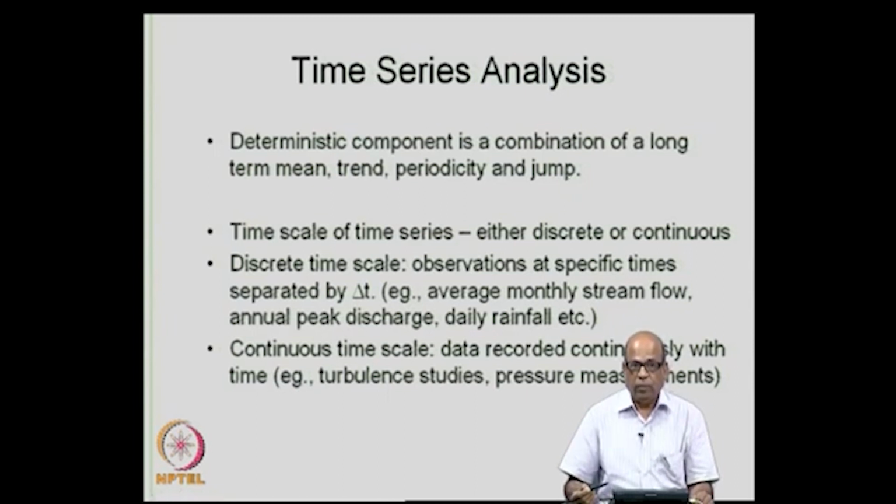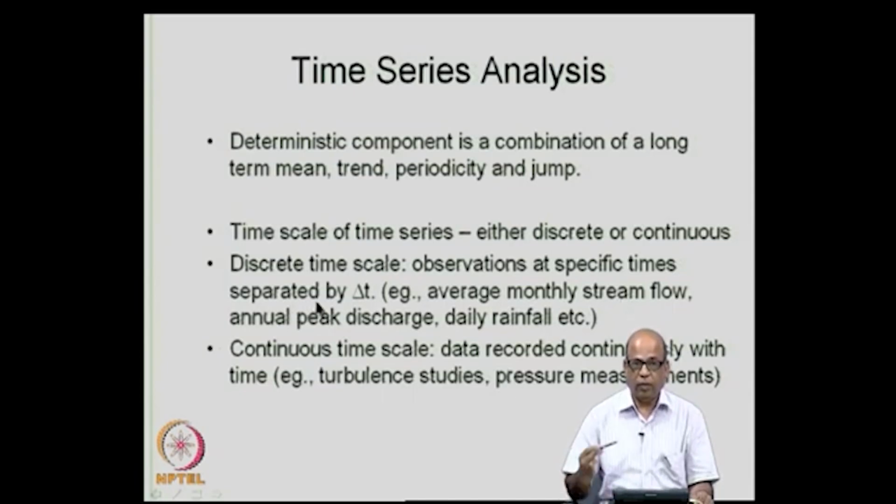Now, discrete time scale observations in hydrology arise mainly when we are talking about, let us say, monthly stream flows. Although the observations may be made every day, for the analysis we may consider the aggregated values of the stream flows over a month, and therefore we may be talking about average monthly stream flow, or annual peak discharge.